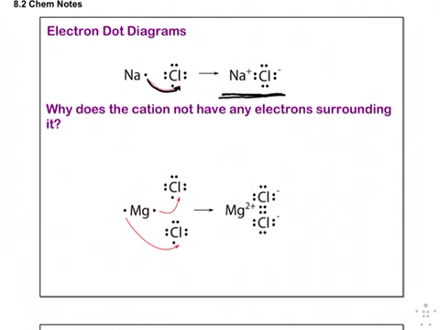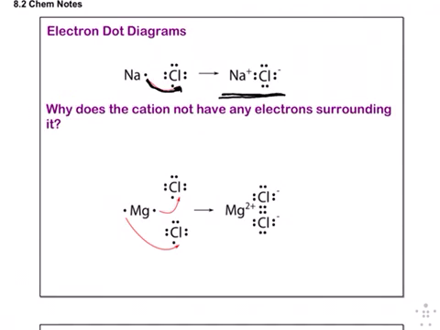Yep, so sodium gave off its 1 valence electron, and the dot diagrams show valence electrons. So sodium technically no longer has valence electrons to show around the dot diagram.